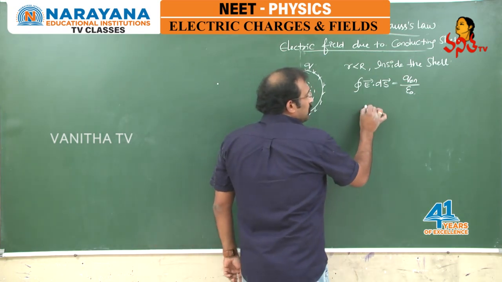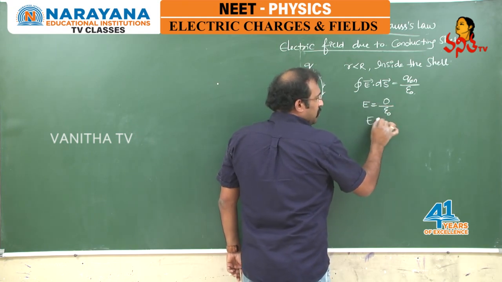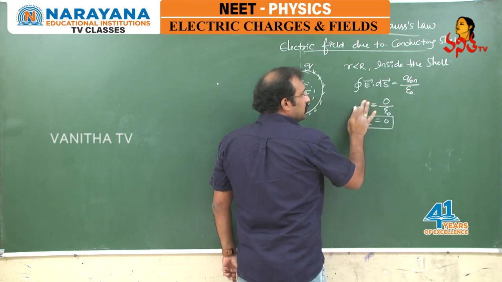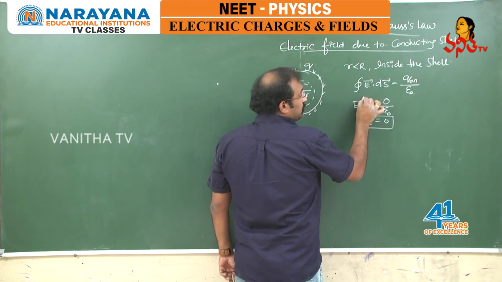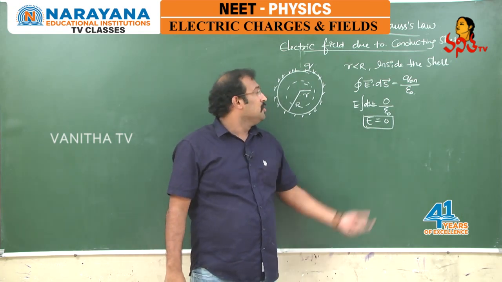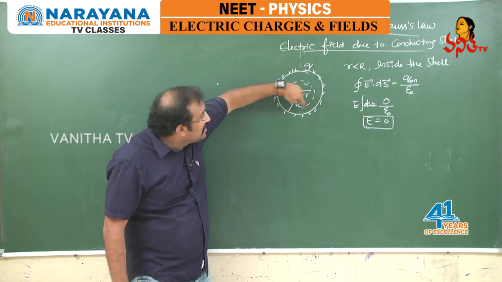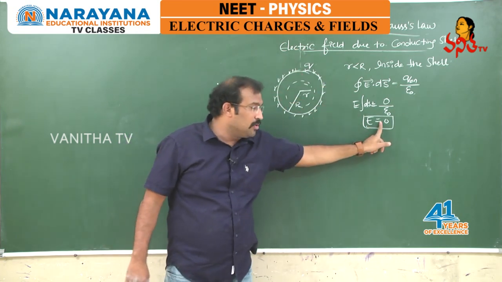So the electric field is 0 by epsilon naught, which is 0. We can write this as E into the integral of ds equal to 0. Therefore, the electric field at any point inside the shell is 0.